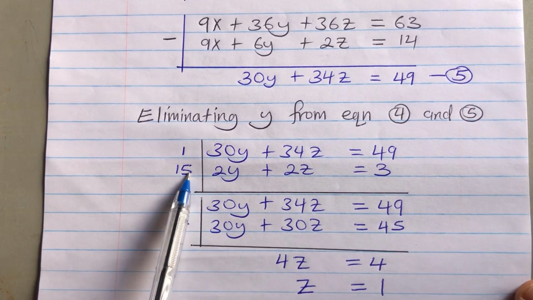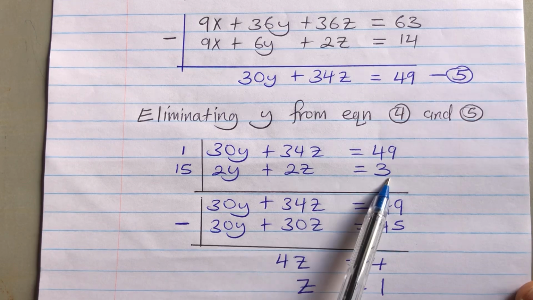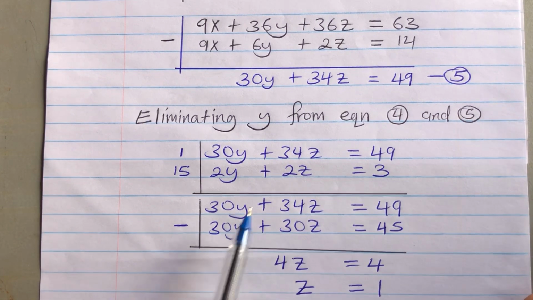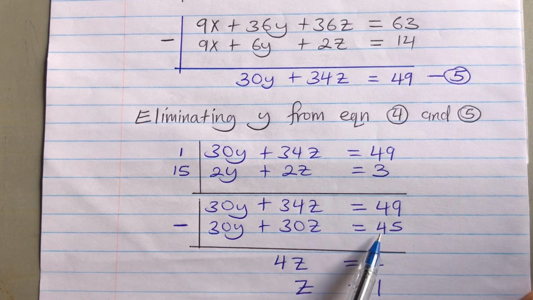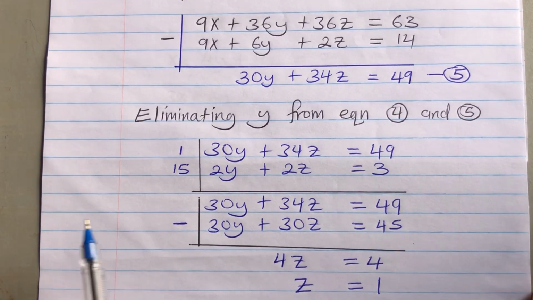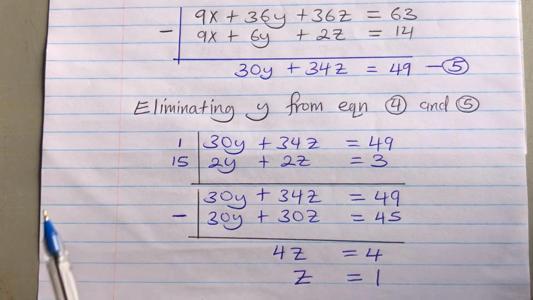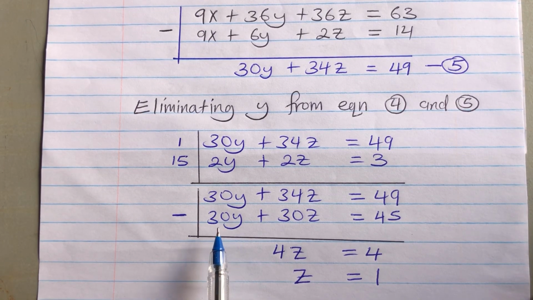So 15 multiplies through all the terms in the equation to end up with 30y plus 30z equaling to 45. And we subtract after ensuring that y has the same coefficients.